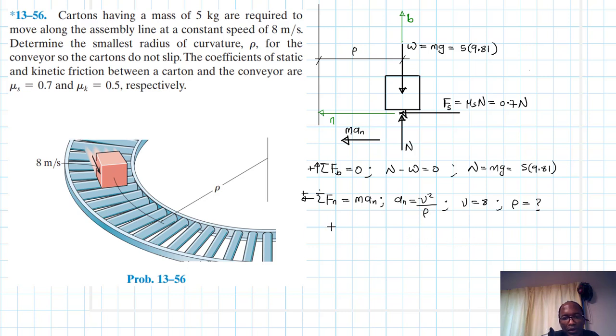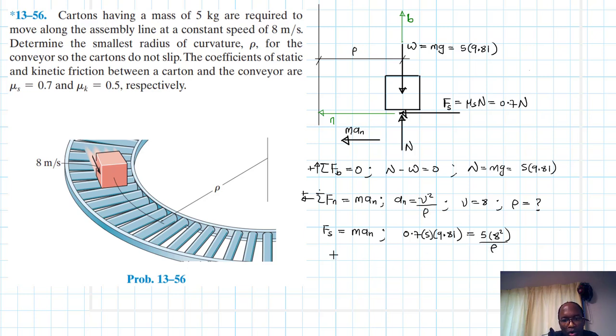So we have F_s equal to m a_n. F_s we said is just 0.7 N, and N we calculated as 5 times 9.81. This is equal to m, which is 5, times 8 squared divided by rho.